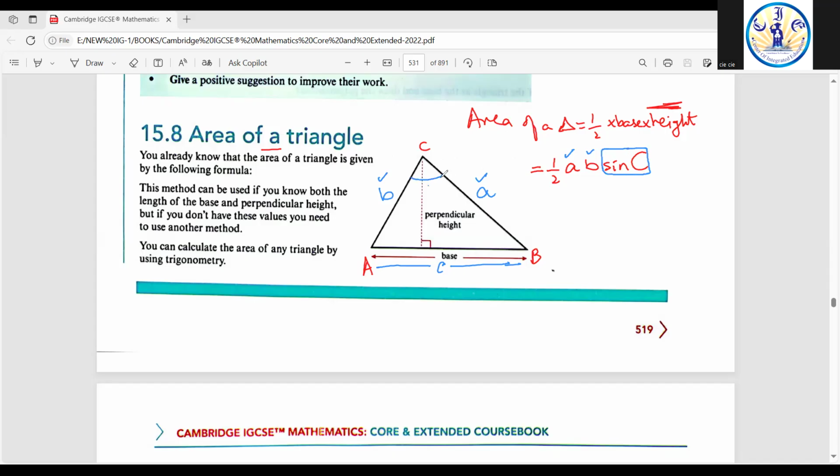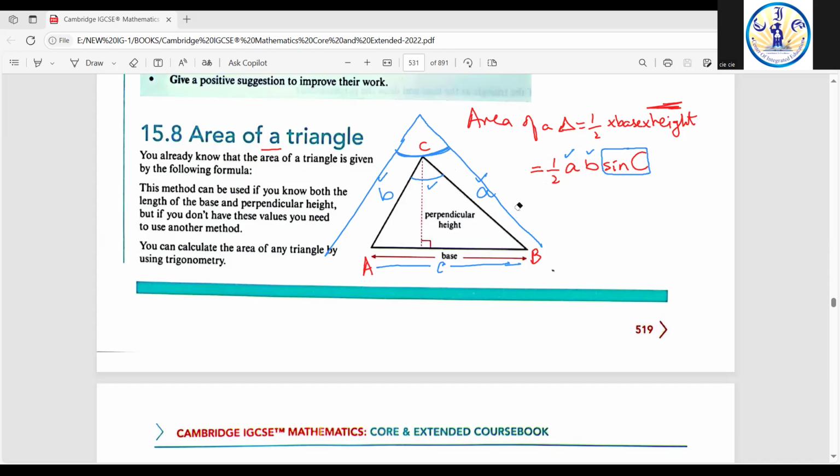This angle is known. So we can apply this formula to calculate the area of a triangle. So that means if we know any two adjacent sides of a triangle and their included angle is also known, then we can find out the area of the whole triangle using this formula.